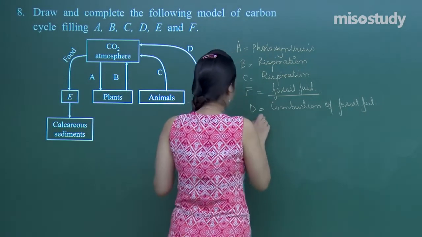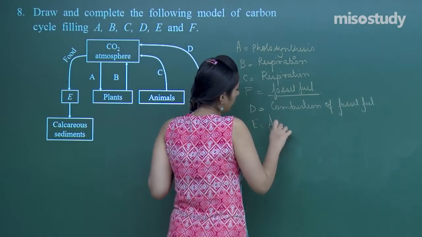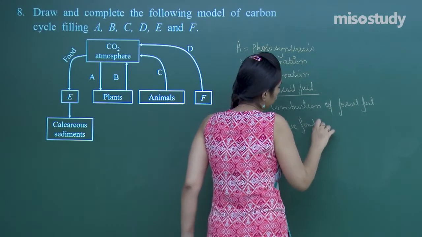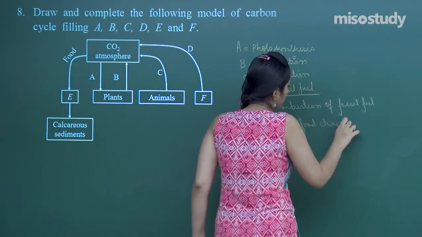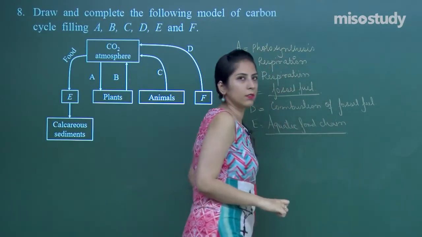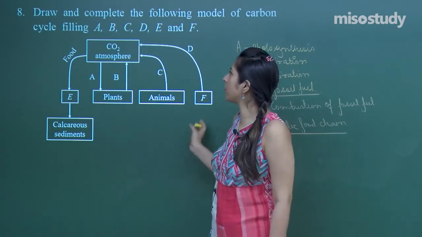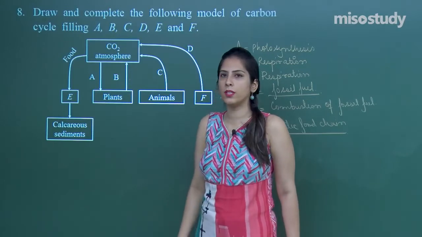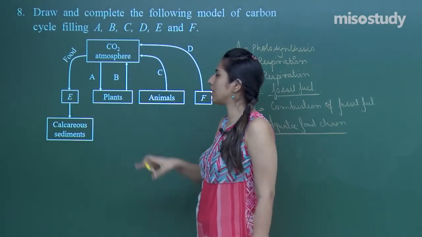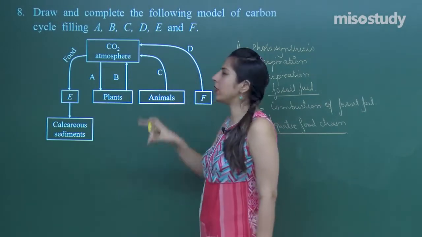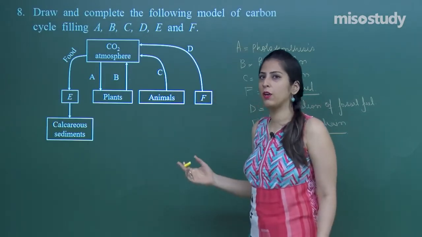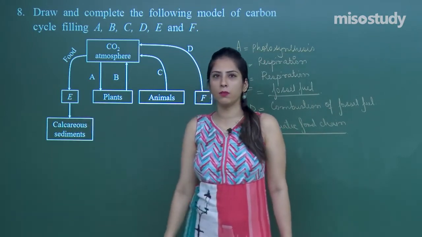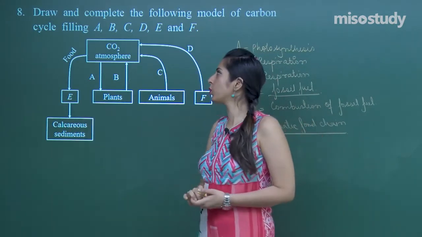So, here E means aquatic food chain. Right. So, this is the whole process of the carbon cycle. We have identified A as photosynthesis, B as respiration, C again as respiration, D as combustion of fossil fuels, F as the fossil fuels and E as the aquatic food chain. Right. So, this was question number 8.